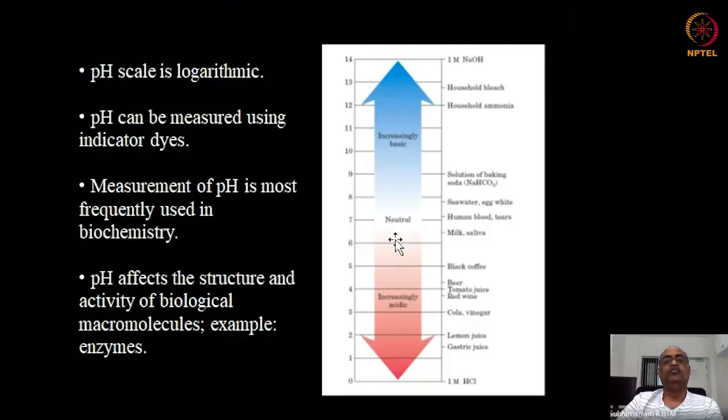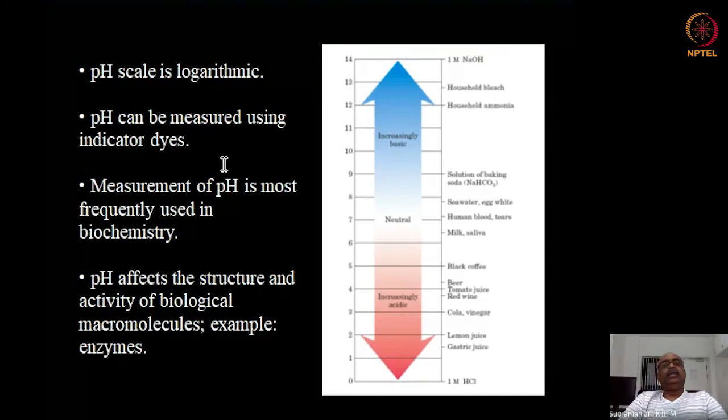And as you go up, milk is nearly close to neutral, and then if you go here, baking soda, household bleach, household ammonia, this is the one you use for cleaning glass windows. So bleach, in addition to hypochlorite, also has sodium hydroxide, and that's why its pH is very, very high.